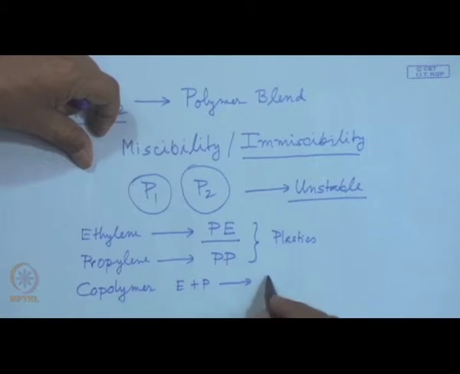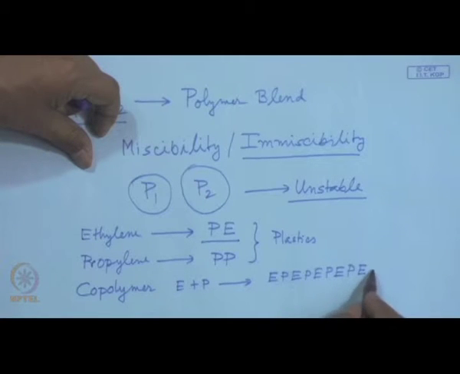It will form a copolymer of EP, EP, EP like this. If we place these ethylene and propylene units in alternation, we call it ethylene propylene copolymer. If we place these units in the form of blocks, say ethylene block followed by propylene blocks like this, we call it block copolymer.